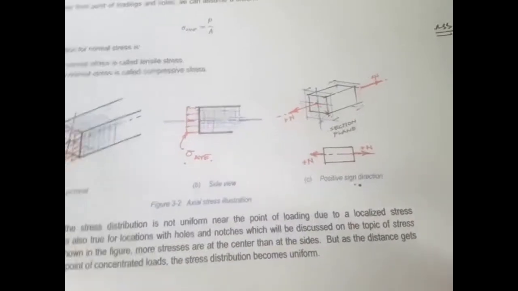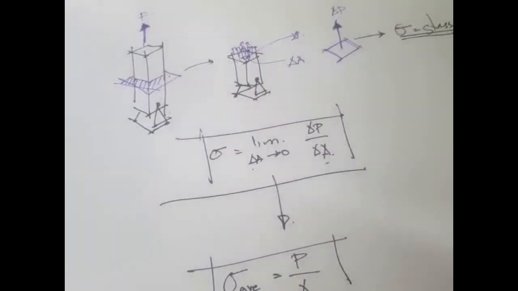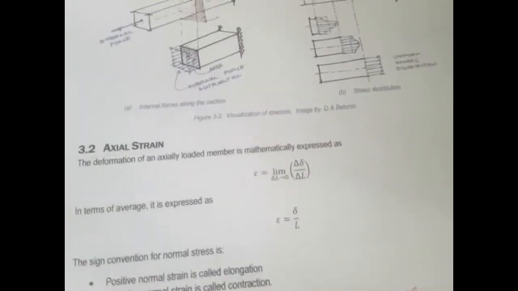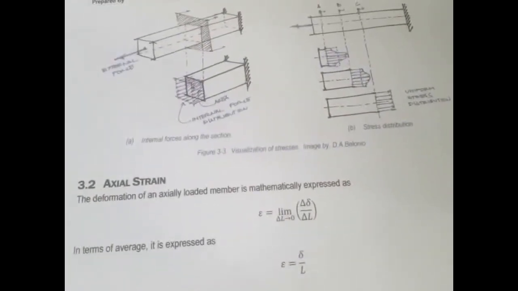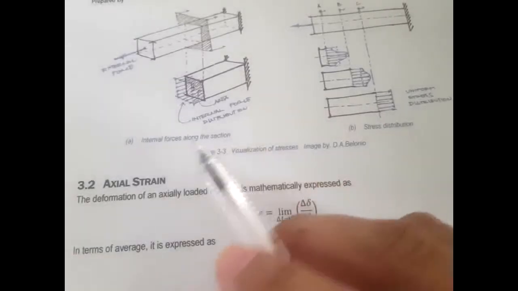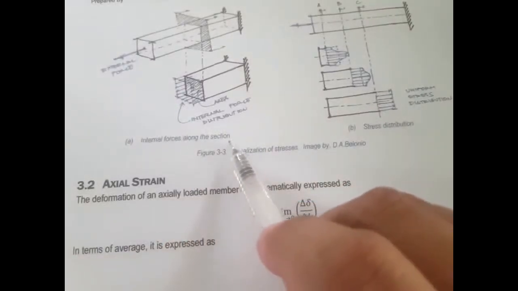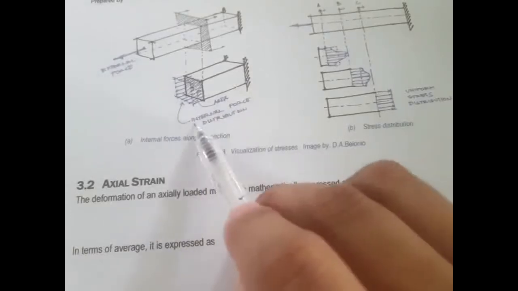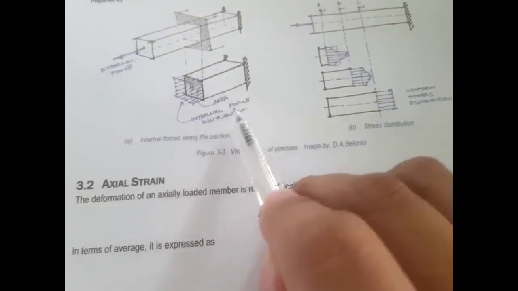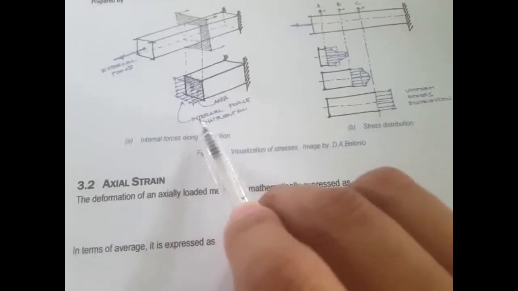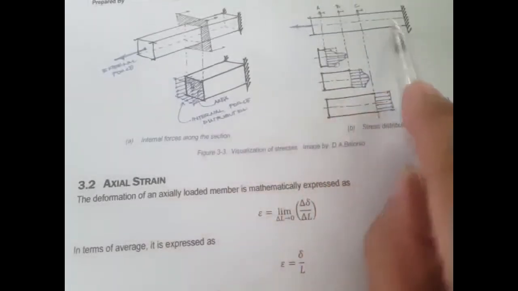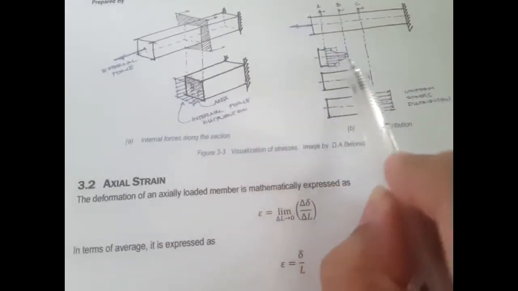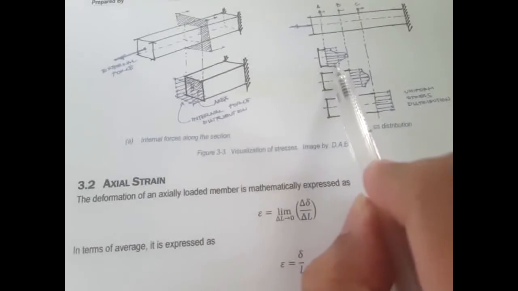Okay, so another one is in terms of stress distribution. We have here in figure 3-3 that it's not always uniform. That depends on whether it is near the point of loading, like for example this one, and here is the point of loading. At this point it's not uniform.